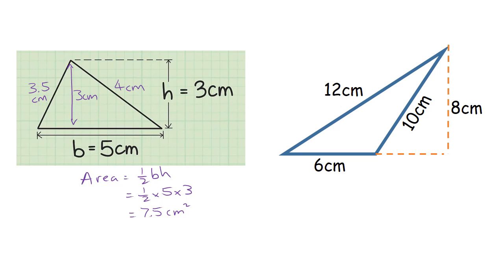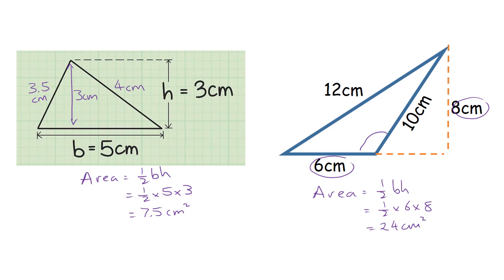Okay, check this one out. So this is a triangle which has an obtuse angle, more than 90. Now again, this is the height, this is the base. So I'm going to write this. Area equals half base times height, half times 6 times 8. I'm going to do 3 times 4 is 24. Now, how did I know that was the base?